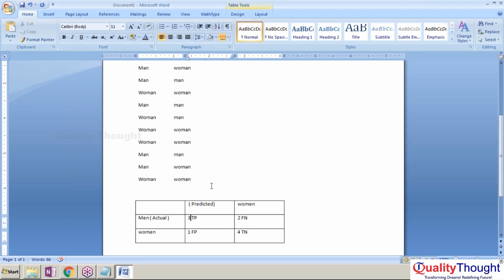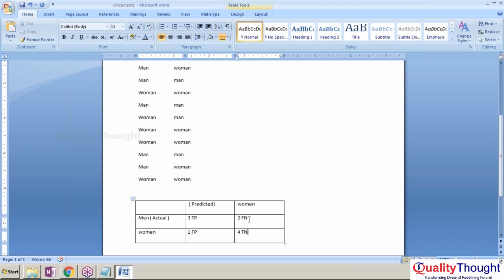So let me explain these two class problems. True positive is correctly predicted event values. False positive is incorrectly predicted event values. And true negative is correctly predicted no event values.